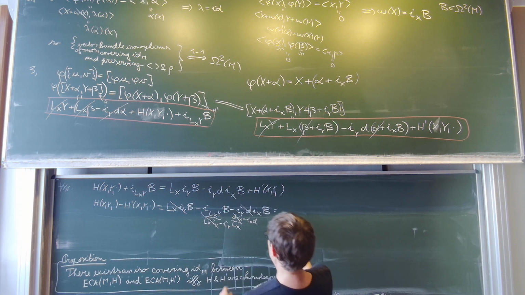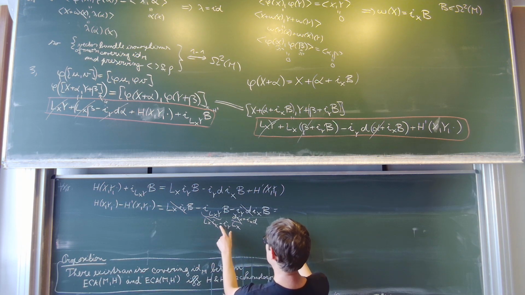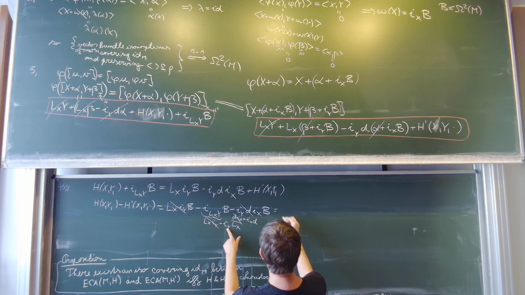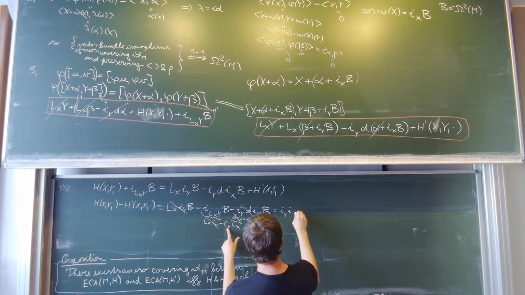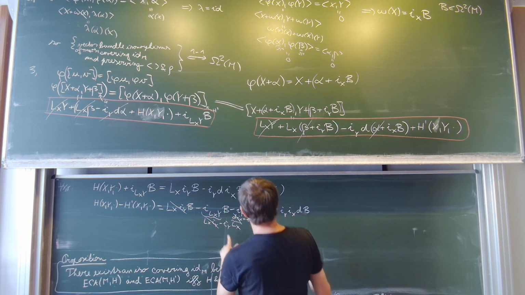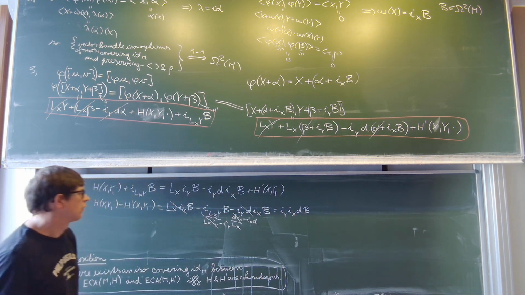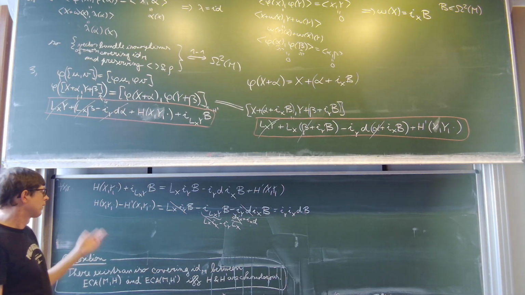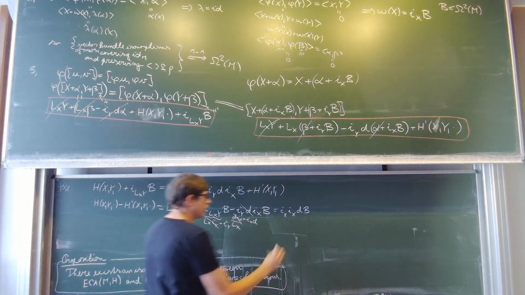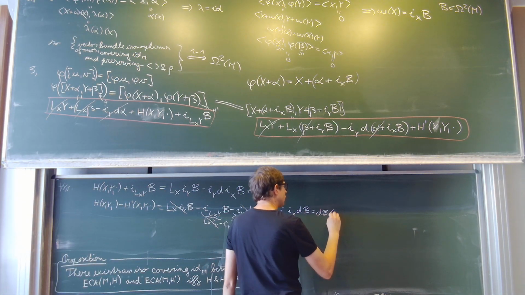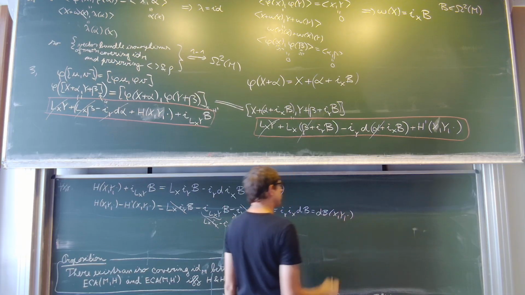And the thing that I get at the end is just this one term with an extra minus, so that's i_y i_x db. Which is the same as db with x, y inserted.